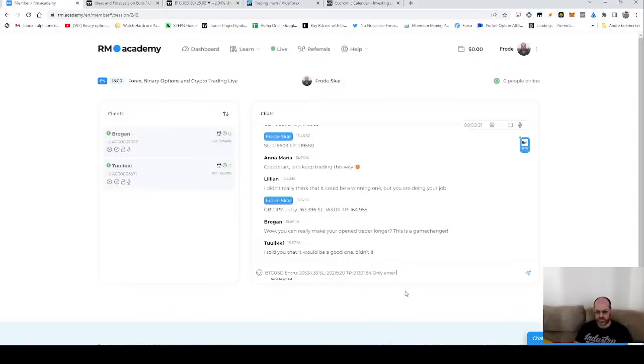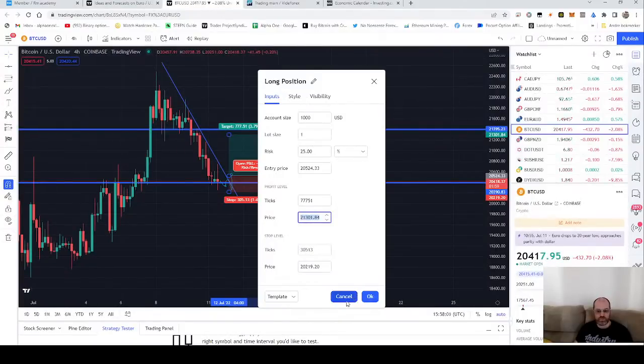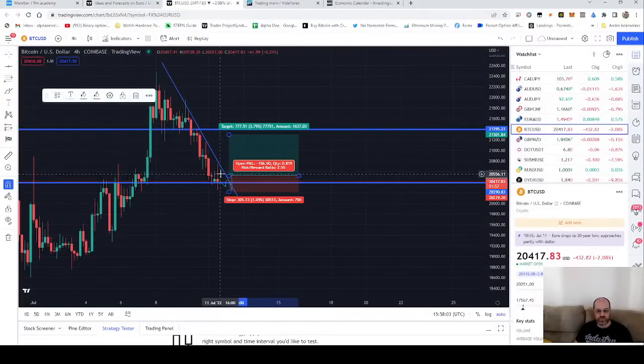Only enter if the 4 hour closes above. Let me see the level so you can see. Close, we are right here now. We need to close above the trend line.